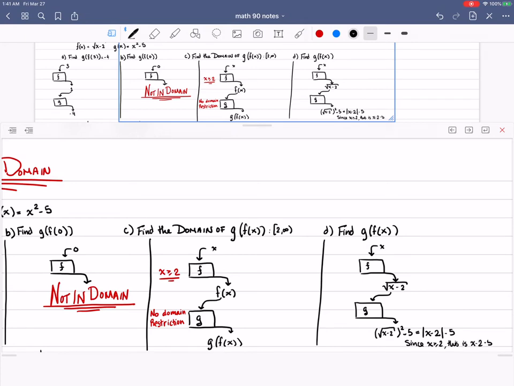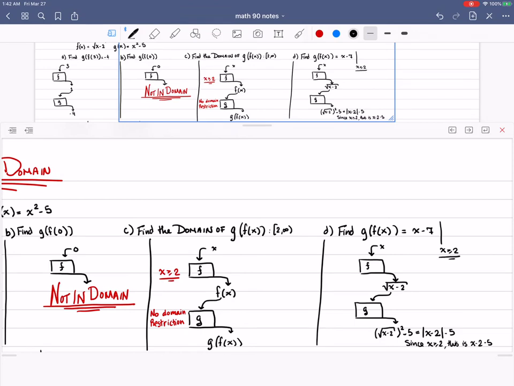So we don't need to worry about the absolute value because X already had to be greater than or equal to 2 to even get here. So X minus 2 has to be positive to get here. So G of F of X is X minus 7 with the added restriction that X has to be greater than or equal to 2.